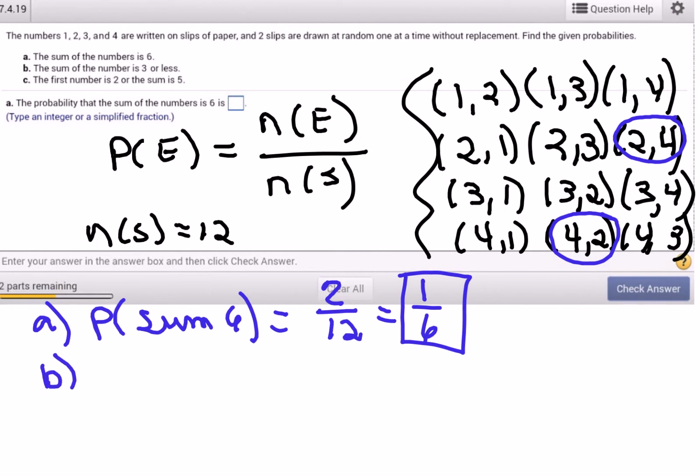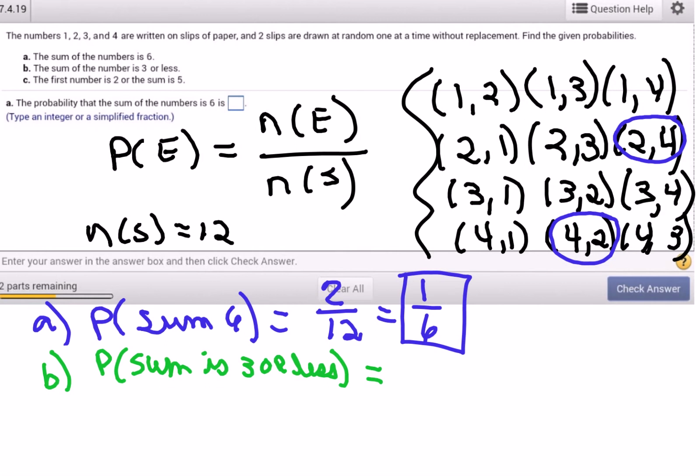Okay, let's look at B. Let me change my color. We're looking for the probability that the sum is 3 or less.